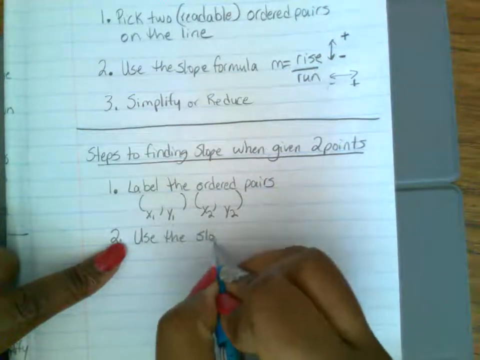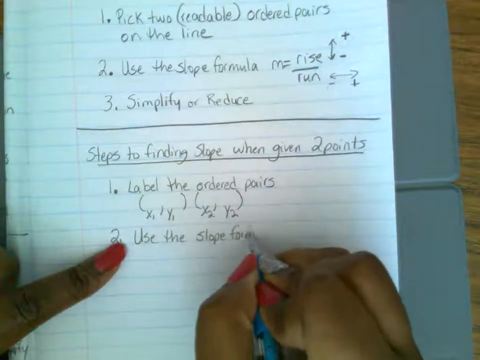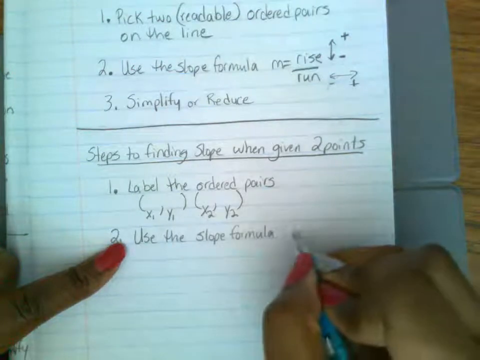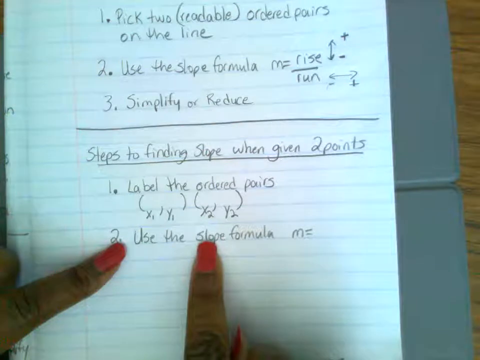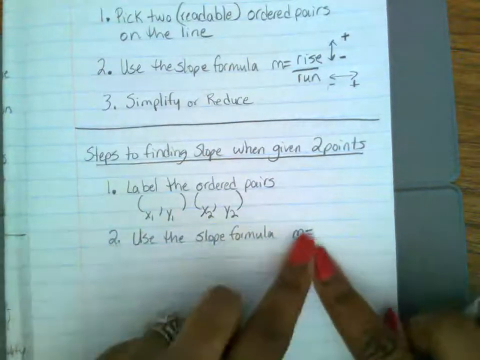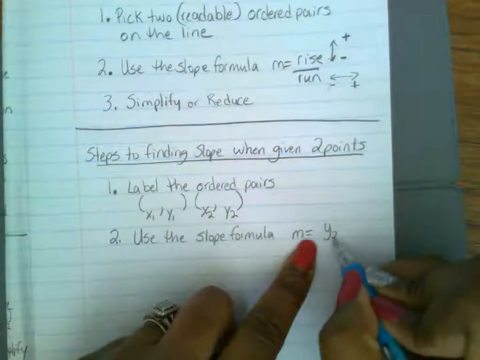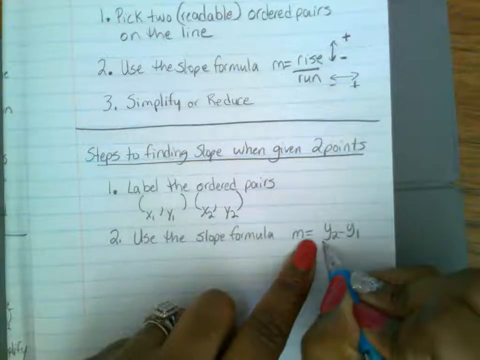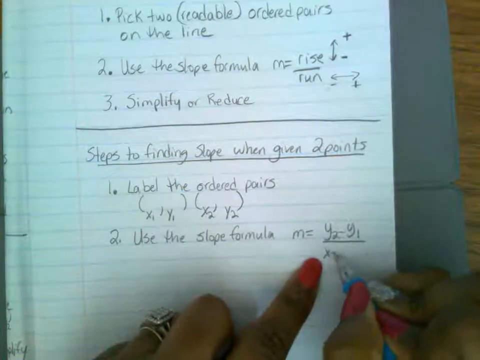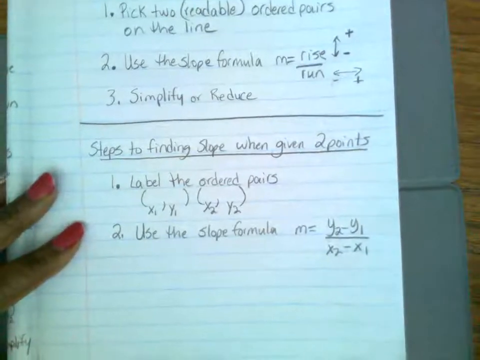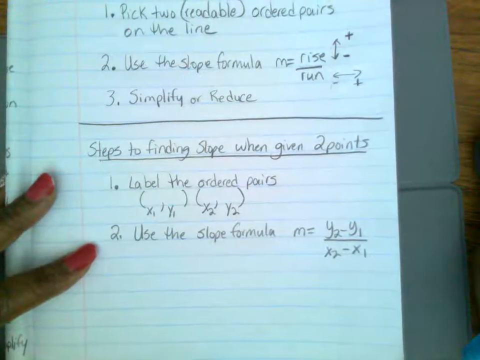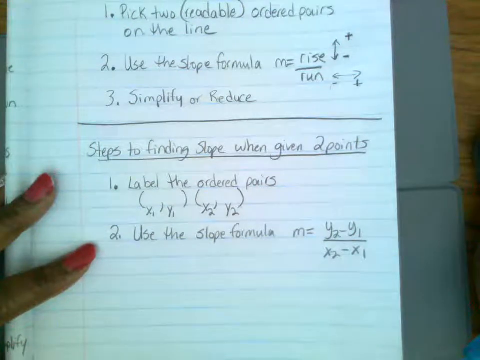M, which is the letter that they use to represent slope, is equal to y2 minus y1 over x2 minus x1. Okay. I'm going to pause so that gives you time to write. If I'm moving too fast, guys, just slow me down, okay?